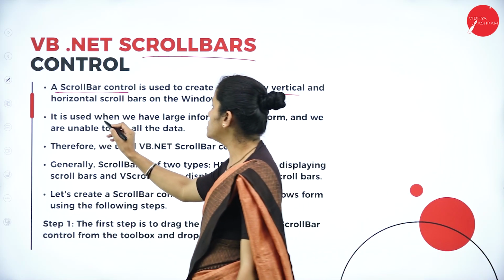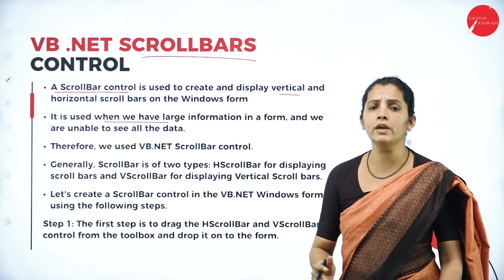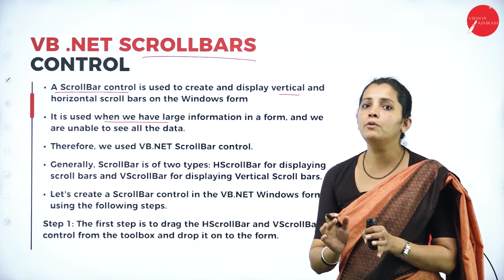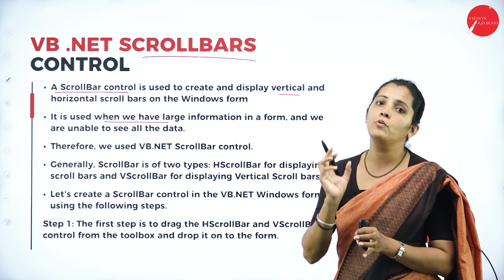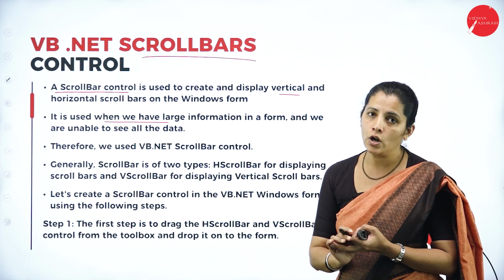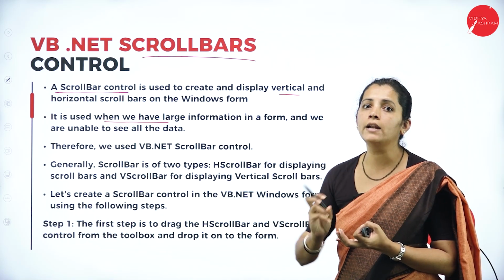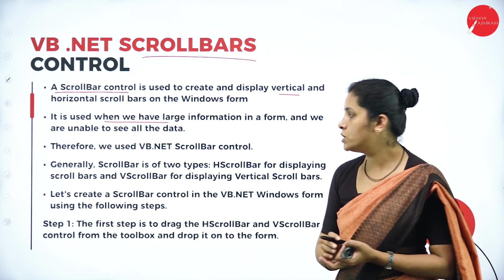It is used when we have large information. When I have lengthy information and I'm not able to display the whole information, at that time I'm going to provide the scrolling. That is, I'm going to use the scroll bar option so that the user can move the page vertically or horizontally.